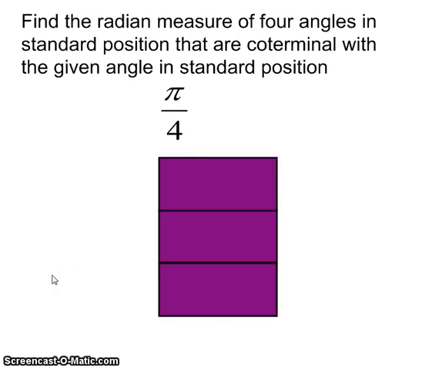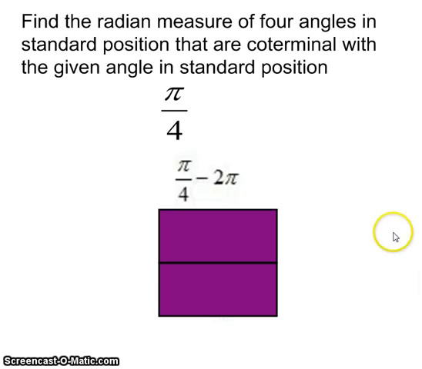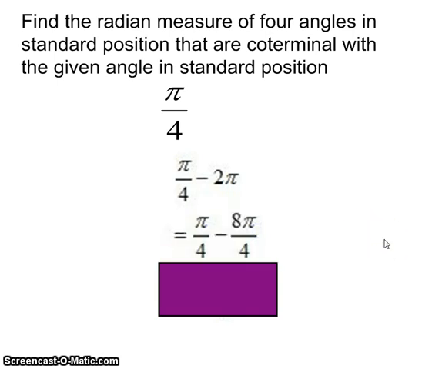Okay, so we have to get 4 of them. We only have 1 so far. So now I'm going to, instead of adding 2 pi, I'm going to subtract 2 pi, okay? Again, I need a common denominator, and this time I'm skipping a step, hoping that you're getting the hang of this.